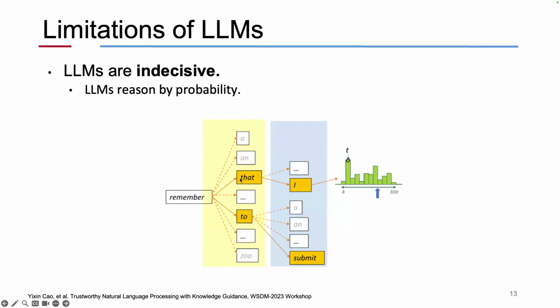Because it draws from a distribution, if you ask an LLM to generate the answer twice, you may get different answers, right? This is the indecisiveness problem. But in many domains, for instance the medical and legal domains, we would like the LLM to always generate the same answer at different times, right?